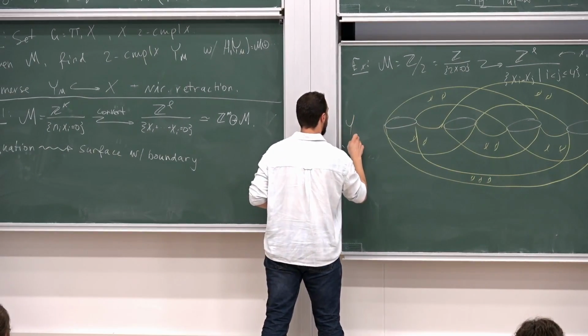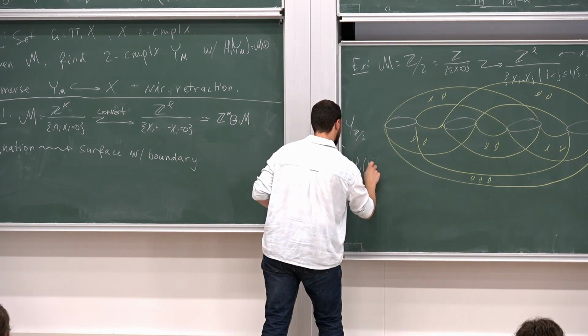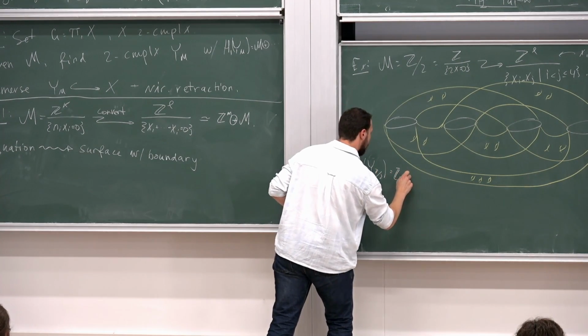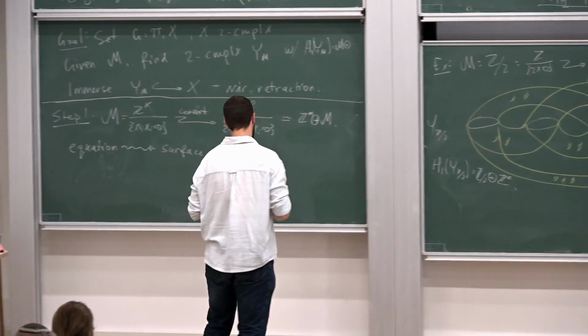For this Y Z mod 2, we indeed get that the first homology is Z mod 2 plus some free abelian group.